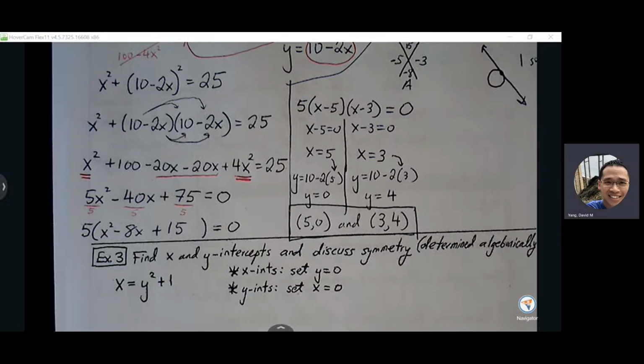That minus y squared equals 25, x squared minus.